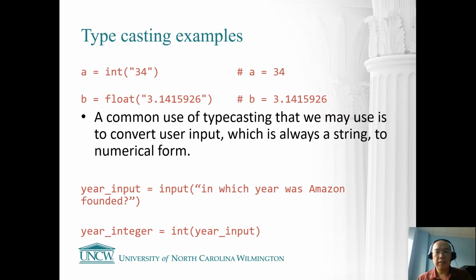So for example, 1999, I don't know, I'm just guessing. 1999 is input as a string. But if I want to really treat it as an integer, what do we do? We can do int of year_input, right? The year_input is what the user types from the keyboard. But I want to treat that as an integer, so I want to convert or cast that into an integer.